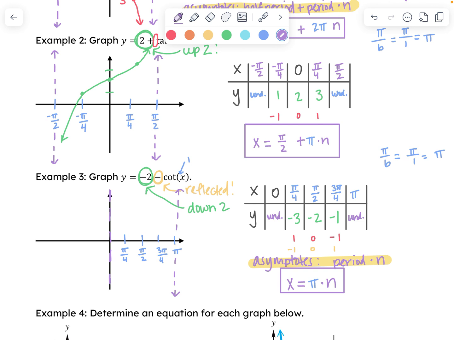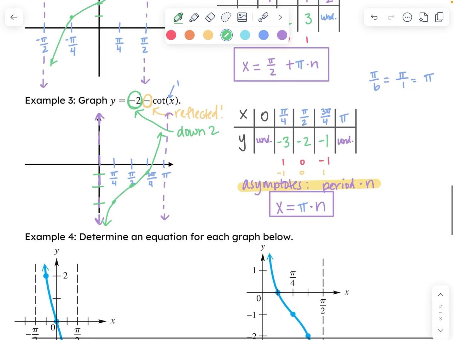Do the best you can to kind of make it visible there. And then I'm at negative 1, negative 2, and negative 3. So negative 3, negative 2, negative 1. It's going to go up this way, like that.